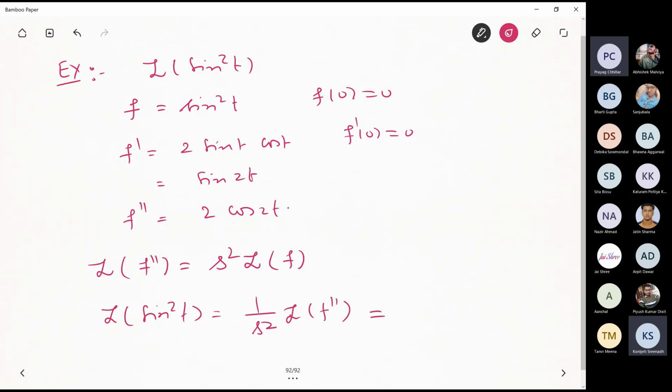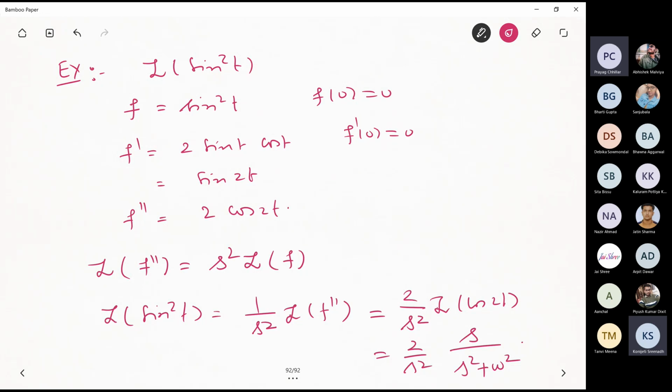So that is going to be 2 by s square into L of cos 2t. And we know the transform of cos 2t, that is s by s square plus w square, right? So w square is nothing but 4 here. So this is how we can easily find it, cancel one s, therefore this is going to be 2 by s into s square plus 4.